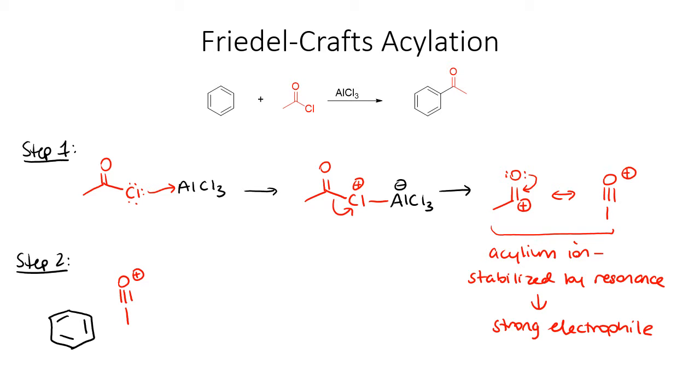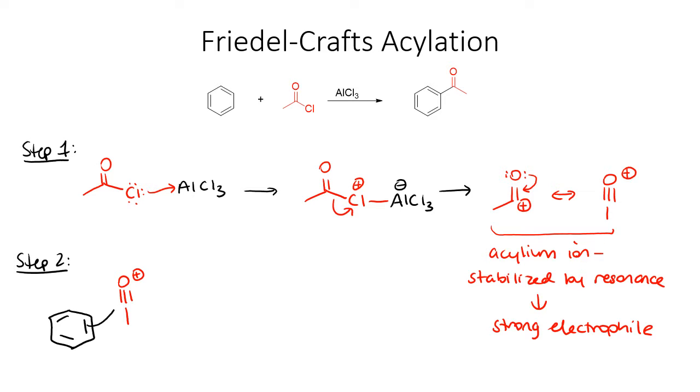Now for the most part, it's going to hang out in this resonance form because even though the positive charge is on oxygen, all of the atoms in this resonance structure have a full octet. So this is going to be our highest contributor to the resonance structure.